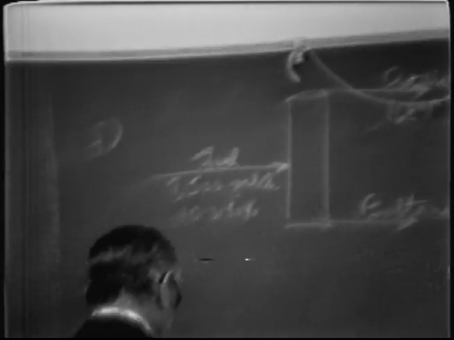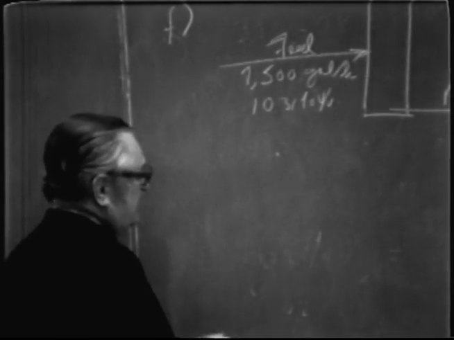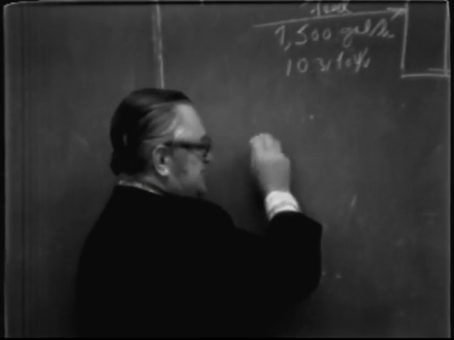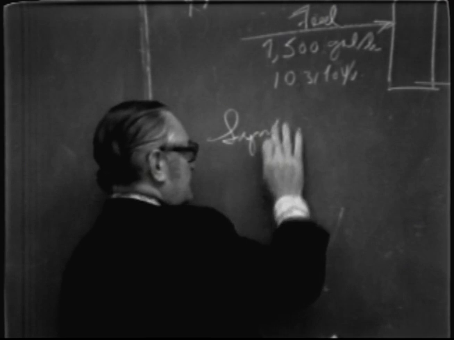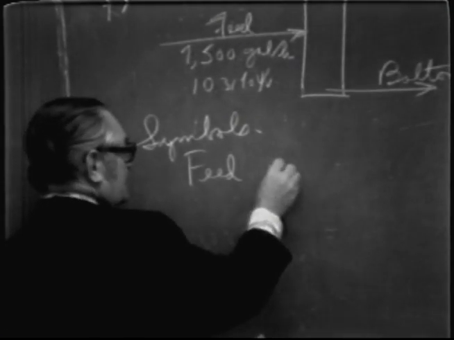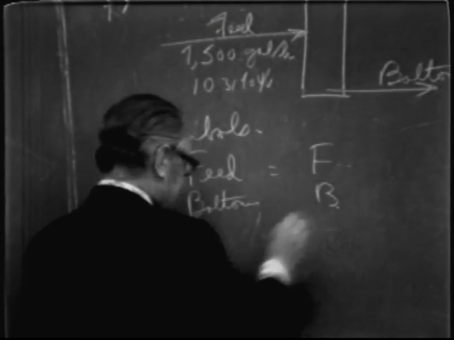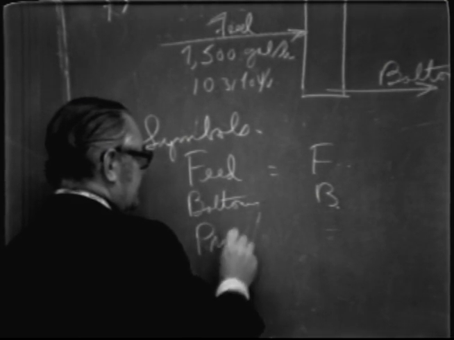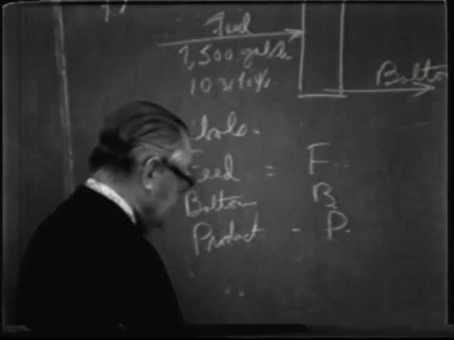I may be getting a little ahead of myself here, but I might say in the way of symbols that we use throughout here, as I've already said, for feed we generally use the letter F, and bottoms, B. Generally the main product, I use the letter P, or whatever it may be.